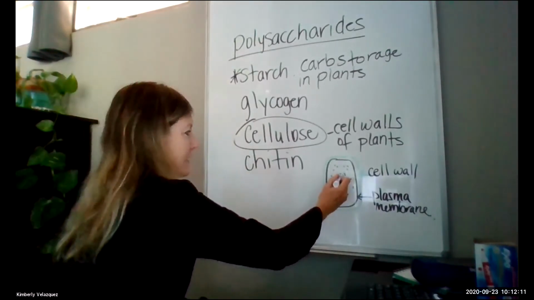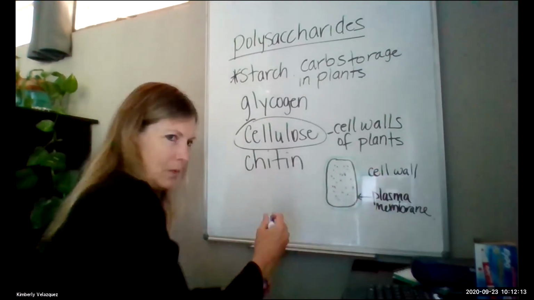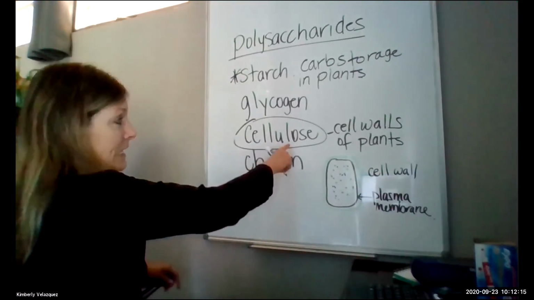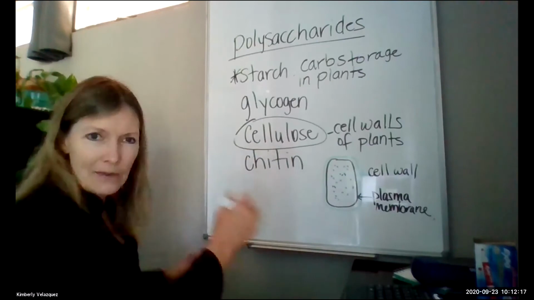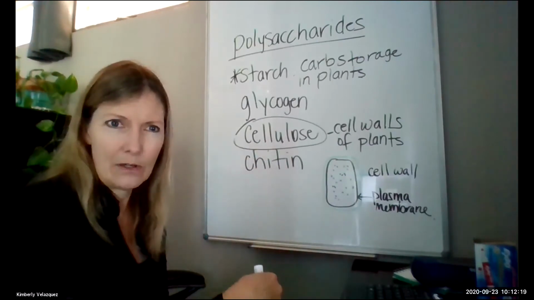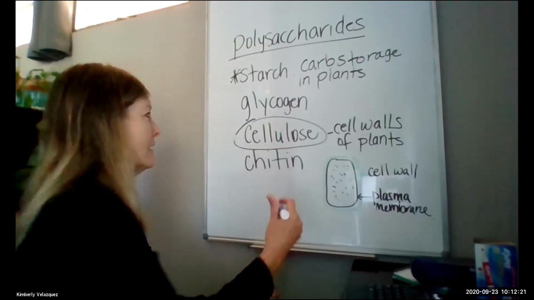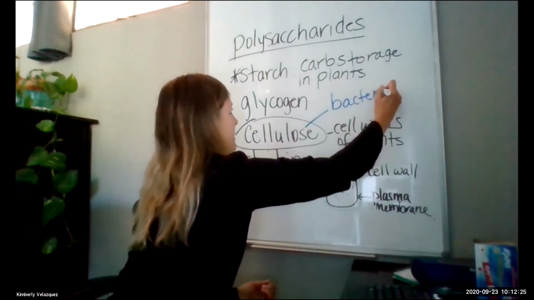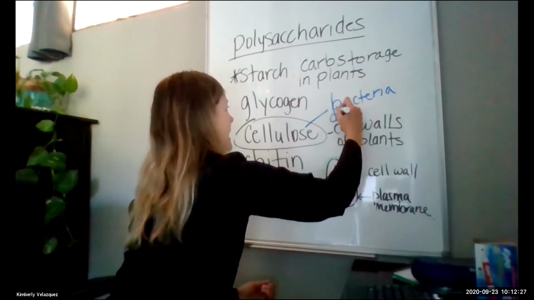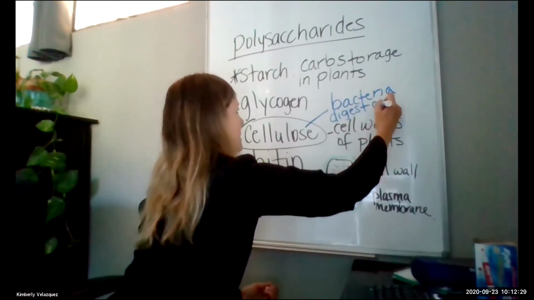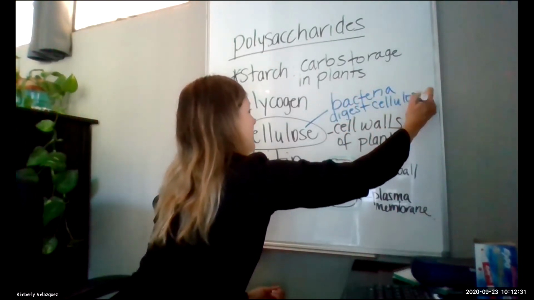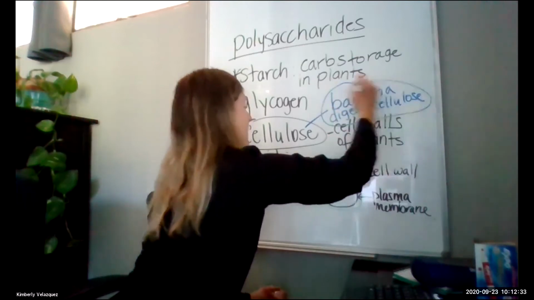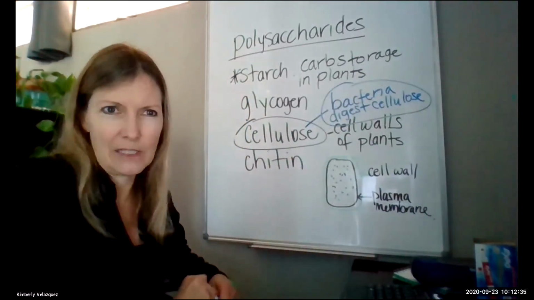We can digest this starch, we cannot digest that cell wall. But animals that eat a lot of cellulose and have to get that glucose out of the plant have bacteria in their guts. Bacteria digest cellulose. Animals do not have the enzymes to do that.